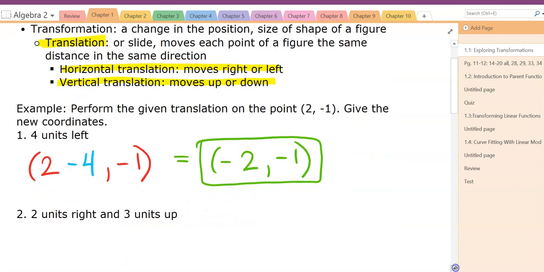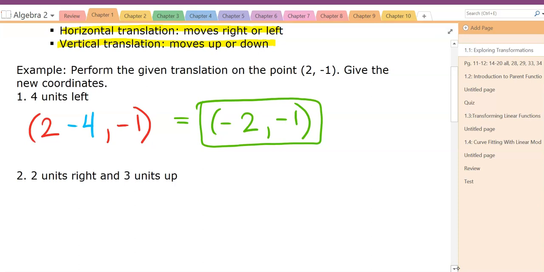If we look at the second one, we're still starting with that coordinate (2, -1). This time it says we go 2 units to the right and 3 units up. So this has 2 different moves. Remember, right would be affecting the x coordinate. Up goes back to that vertical translation, because that one's up or down, so that's going to affect your y coordinate. We have 2 and we have -1.